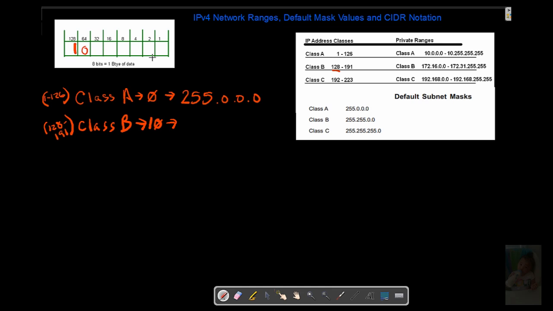This guy's off, we know we're going to be no higher than 191, because if these are all on, we're at 191. If they're all off, we're at 128. So that puts us in that range. That means that the device understands that we should have a default mask value of 255.255.0.0.